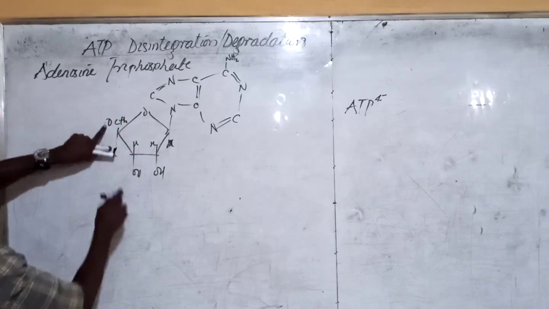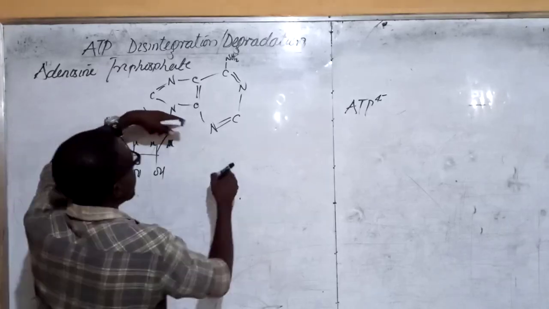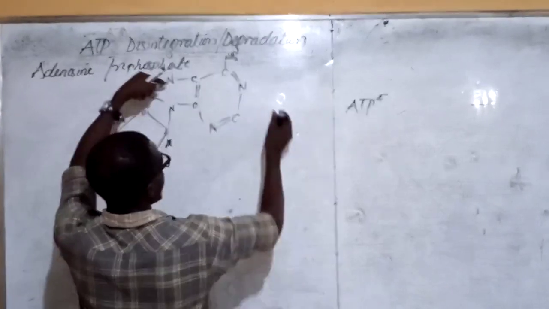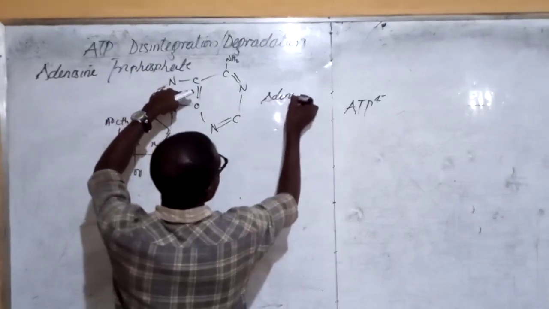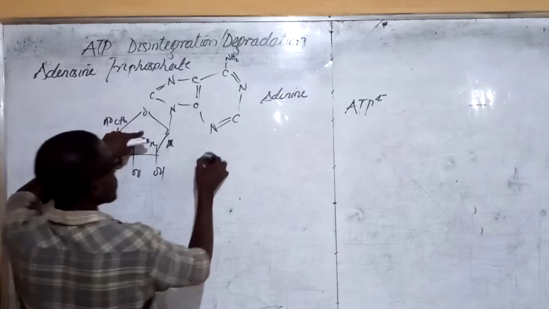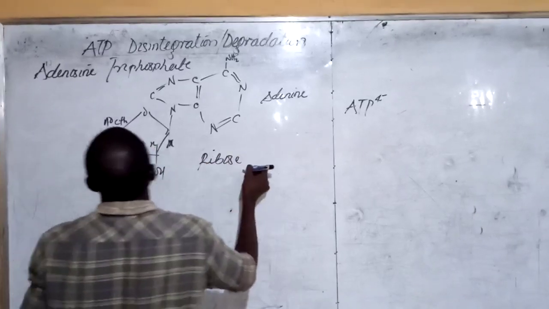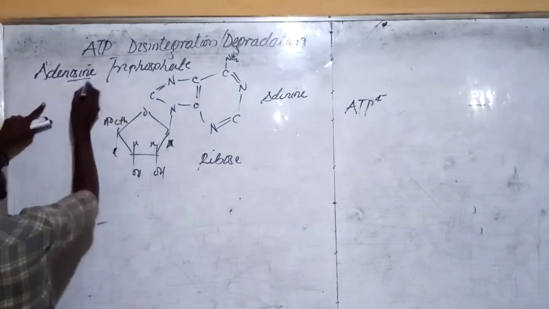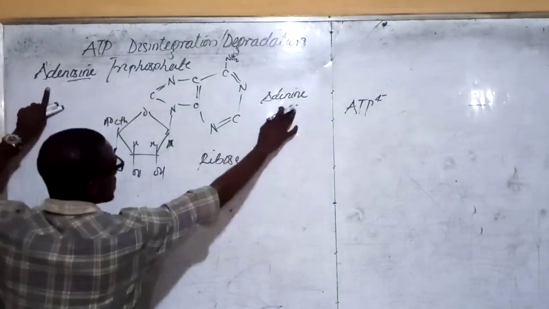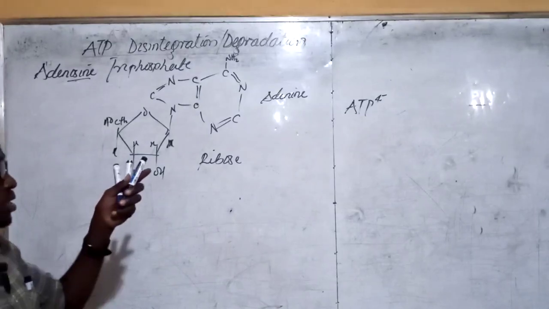CH2OH, that is adenosine, because this part here is called adenine, which is a nitrogenous base, and because adenine is bonded with a ribose sugar, it is a coinage of adenosine. The word adenosine is a coinage of osine, meaning sugar, and adenine, meaning the nitrogenous base, the pyrimidine adenine.